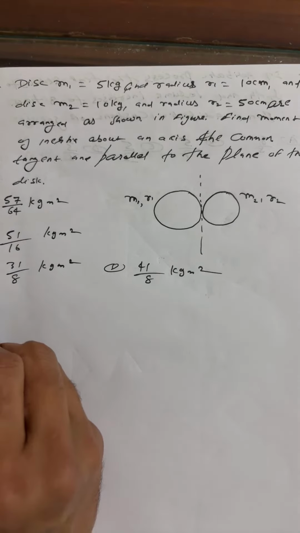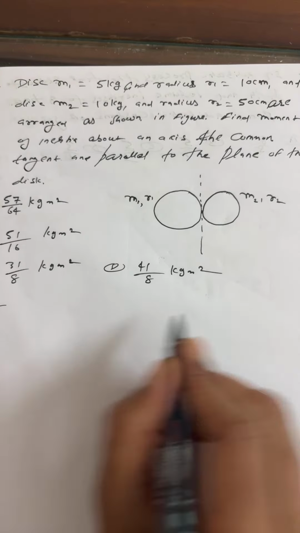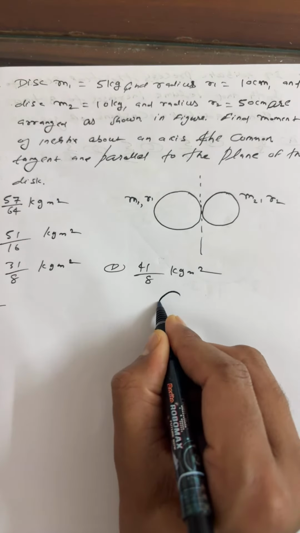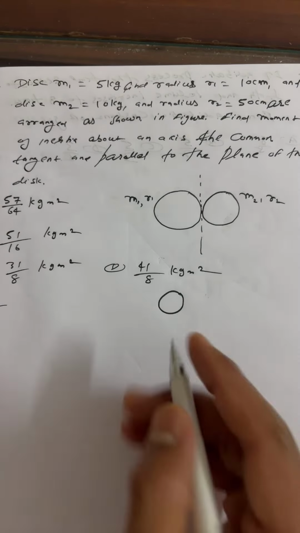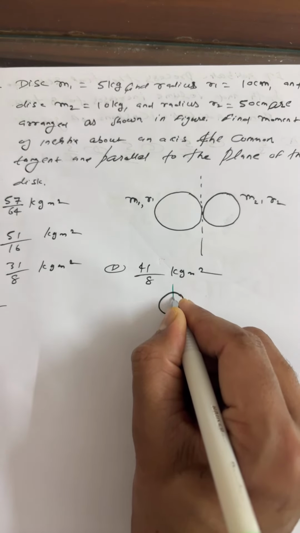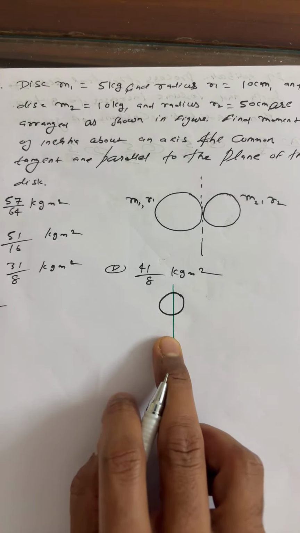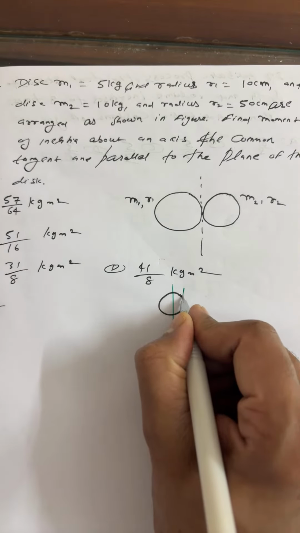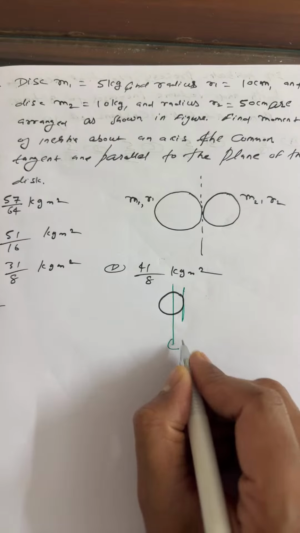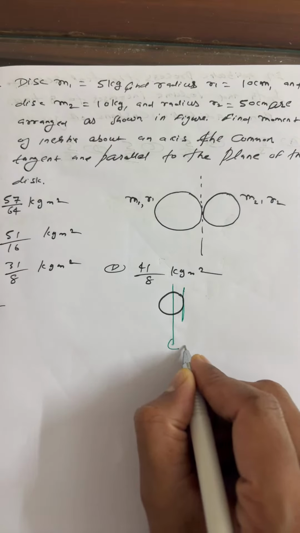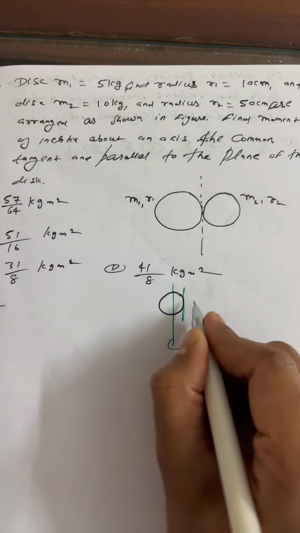It's a very common numerical from class. I hope all of you remember this formula. First, draw the axis along the diameter, and this is the tangent point. The moment of inertia for a disk about its diameter is MR square by 4.